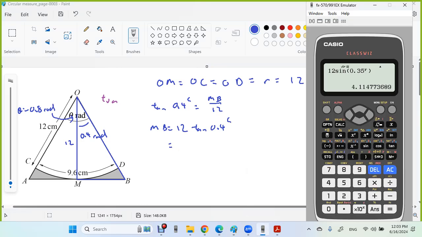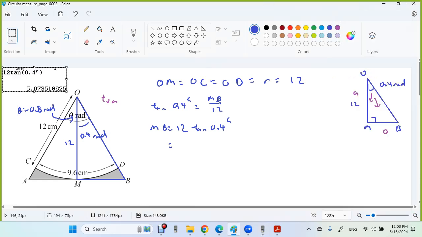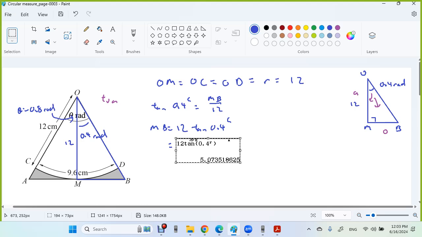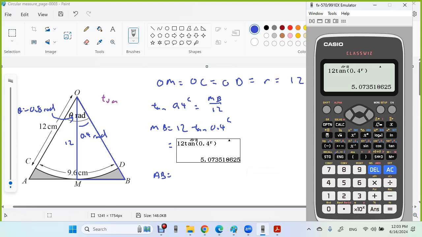So we have 12 tangent 0.4, with angle unit C. So MB is 5 point something, and then AB will be 2 times this. Multiply by 2.